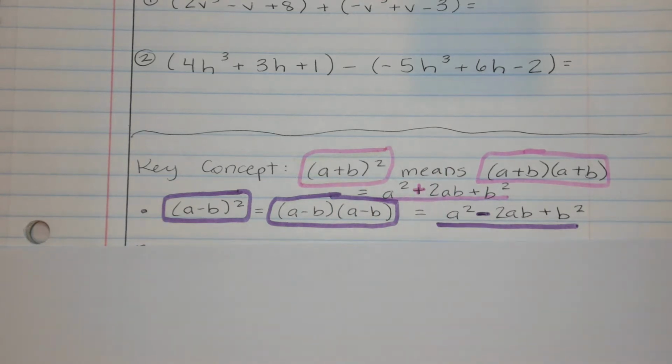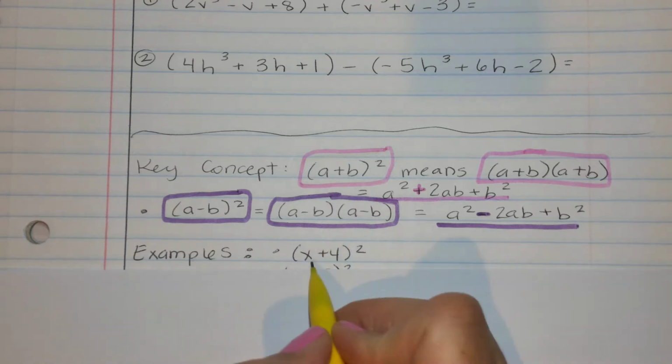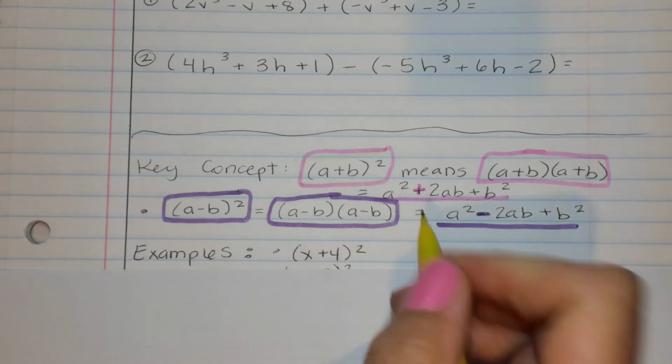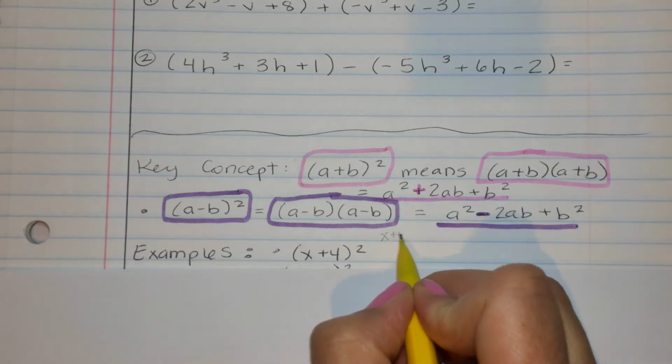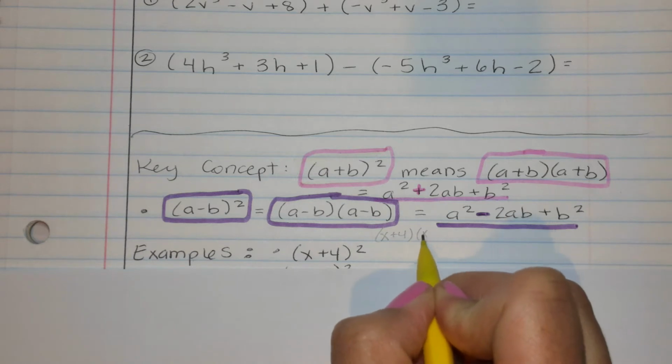Okay, so that might look kind of weird, so here are some examples. I'm going to go ahead and work it out. I think I'm going to use pencil just in case. The first example is x plus 4 squared. Remember, that means x plus 4 times itself, x plus 4.